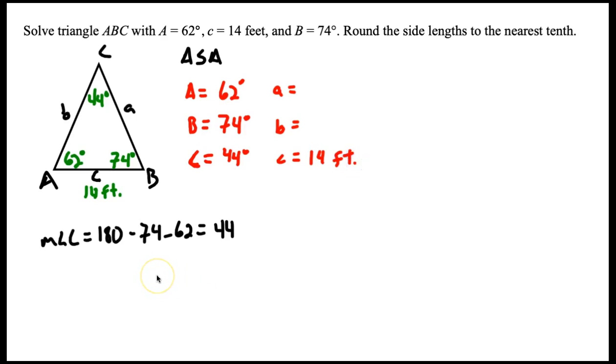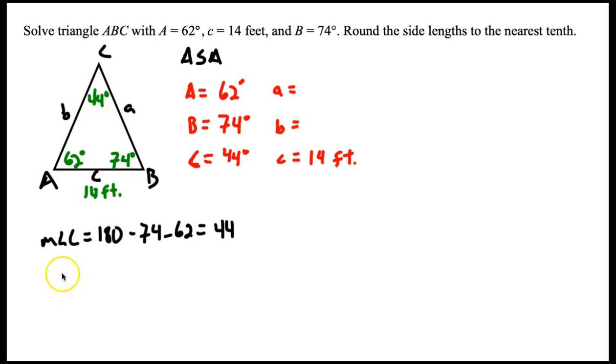Now let's use the law of sines to find A and B. We're just going to use part of the law of sines. We're going to set up a proportion. I already know one side and its opposite angle.